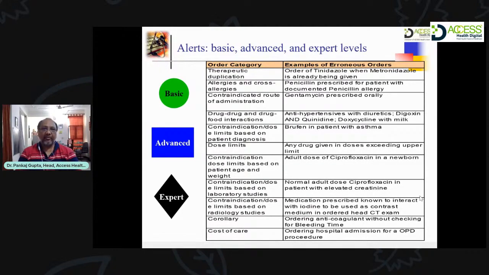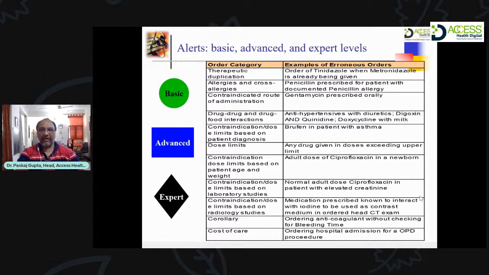So therapeutic duplication, we already saw an example. Allergies and cross allergies, we saw an example. Contraindicated route of administration. That is, if something was to be given by an injection route, but the order said give it orally. So contraindicated route. Drug-drug and drug-food interaction, we just saw an example of both of them. Contraindicated dose limits.